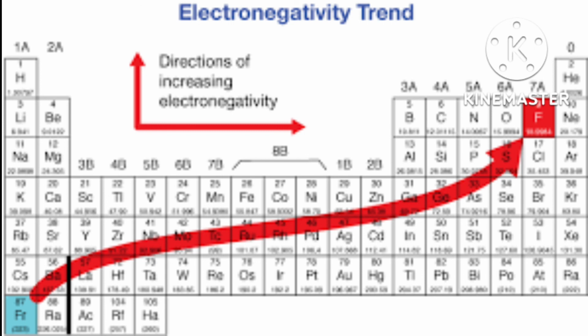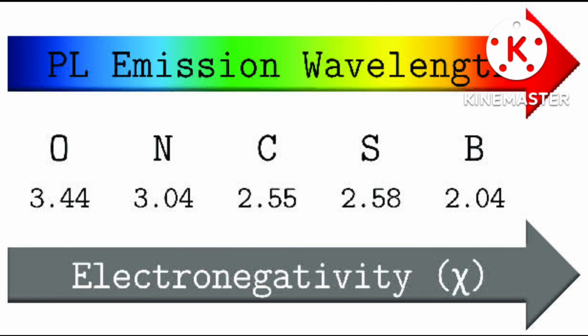What will happen in a period? The reverse will be the case in a group. The trend is similar to that of ionization enthalpy. Both are the same type of trend.